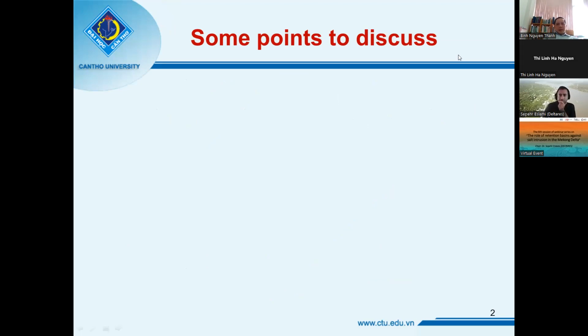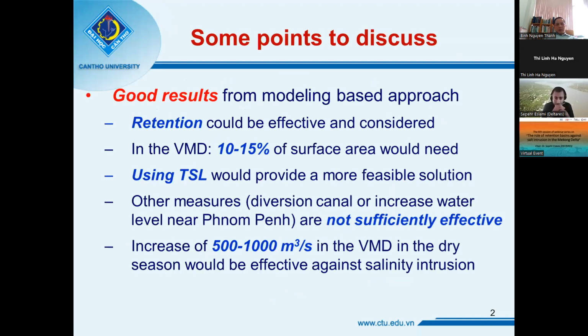From your presentation, and also from your report that I read, I have some thoughts about the result. You did a very good job and a very great result from a modeling-based approach. You conclude that retention could be effective and should be considered. Within the Mekong Delta, it needs around 10 to 15% of surface area, and we should think about how that works in terms of surface area needed.